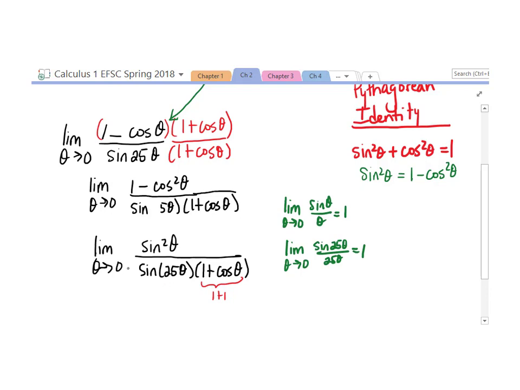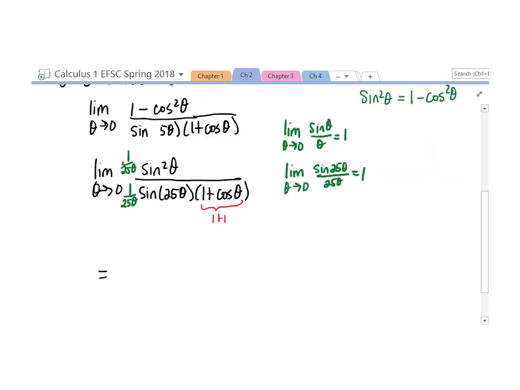So I'm going to multiply the numerator and denominator of this big fraction by 1 over 25 theta and see what happens. This gives me the limit as theta goes to 0 of, up here, 1 over 25 theta times sine of theta times sine of theta.